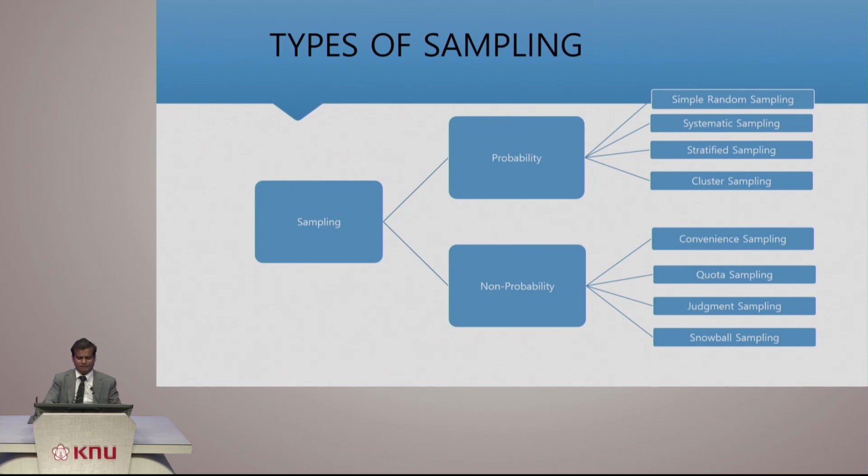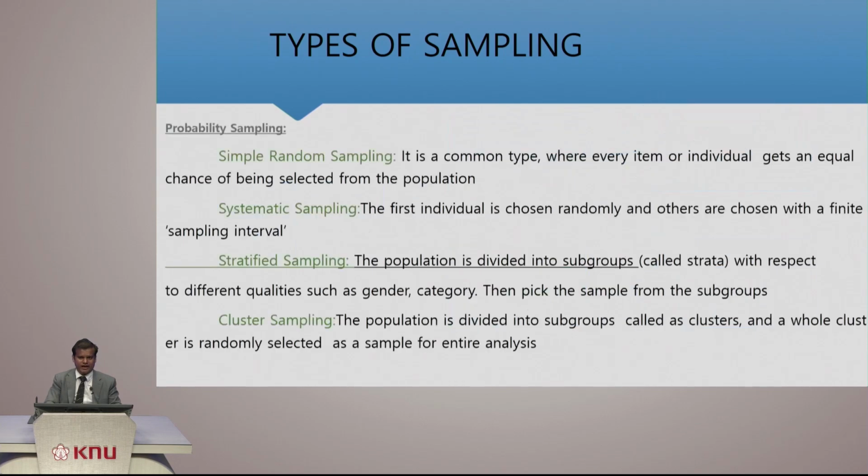There are different ways. Let's look at some of these, starting with simple random sampling. It is a very common type where every item or individual gets an equal chance of being selected, which is quite fair. Systematic sampling is where the first individual is chosen randomly, and the others are chosen with a fixed sample interval.